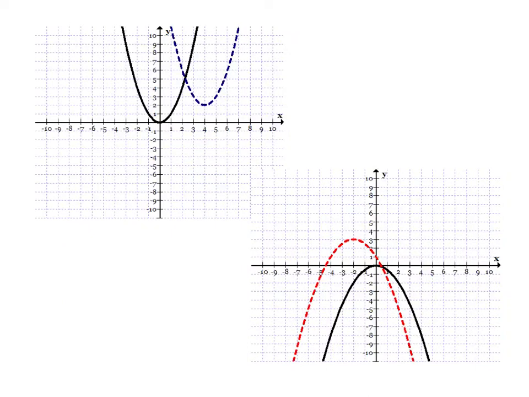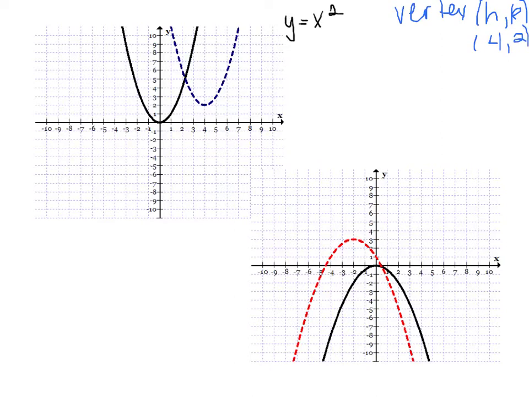So now we'll look at a couple of transformations. I'll start with the fact that the black one here is y is equal to x squared. Now what I've noticed is that the vertex has moved to the right 4 and up 2. So my vertex is h, k, or we would say that it's at the point 4, 2.